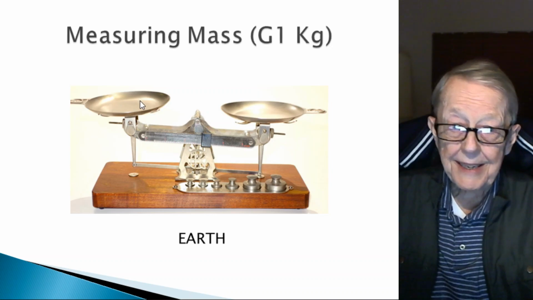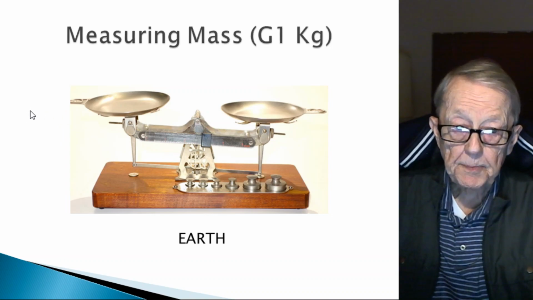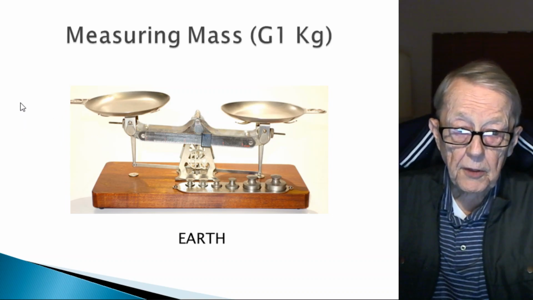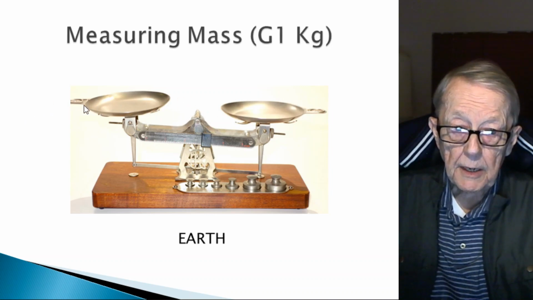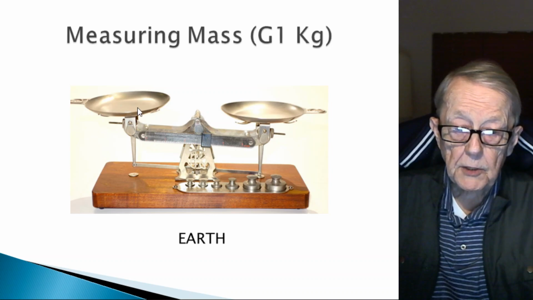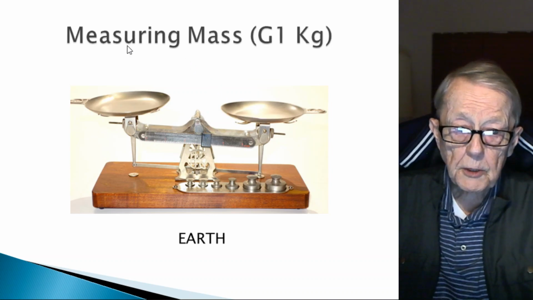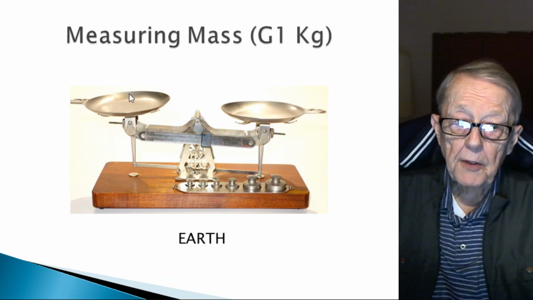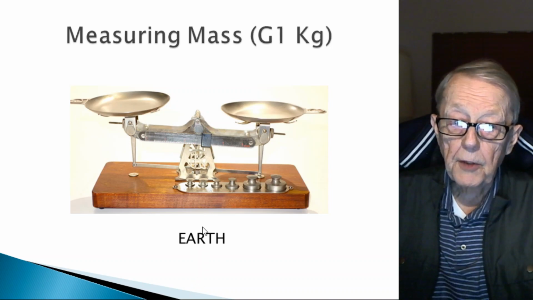The whole point is that when this balanced, the amount of gravitational force caused by the Earth at the level of these pans is the same for the sodium chloride and for the standard. The force pushing down on the salt is the same as the force pushing the Earth up.